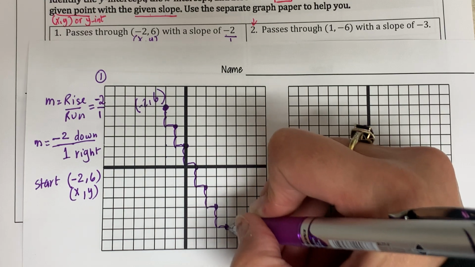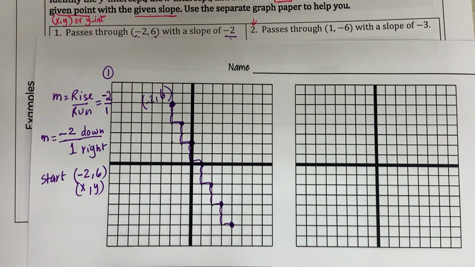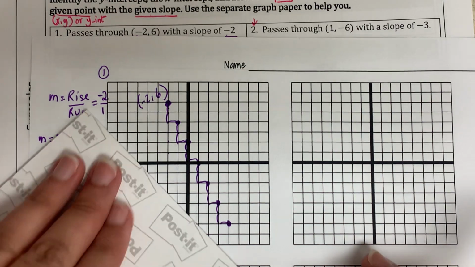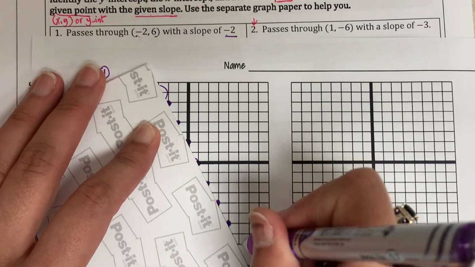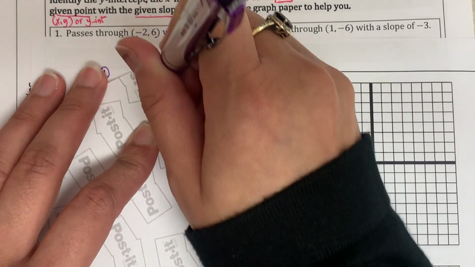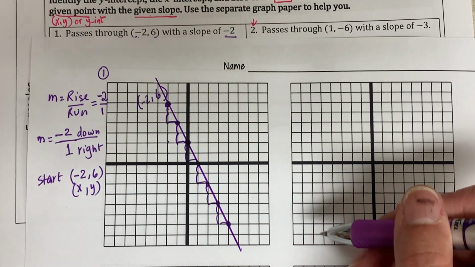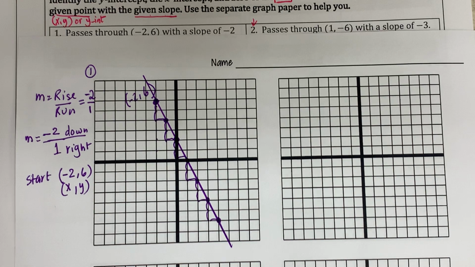Use pencil. Here, I have very pretty points. All you have to do is use the edge of the paper or the edge of the sticky note and nicely draw the line. There you go. This is the perfect line for the information that they provided me.